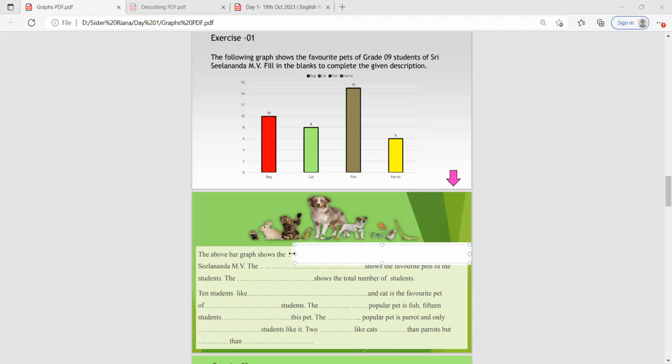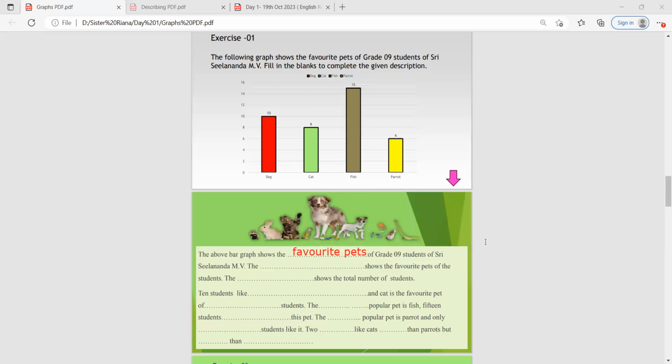Now what they show, right? Now here what you have to do, the above bar graph shows the favorite pets of grade 9 students of Sri Seelananda Madhya Mahavidyalaya.